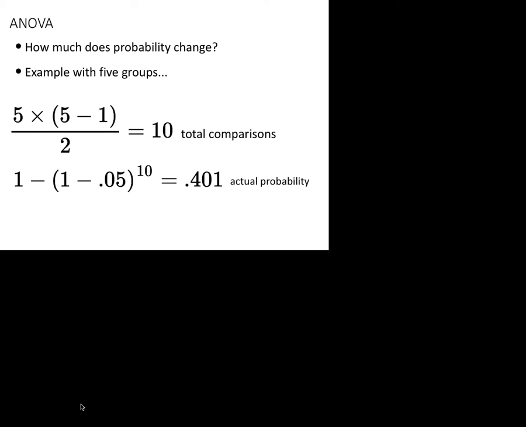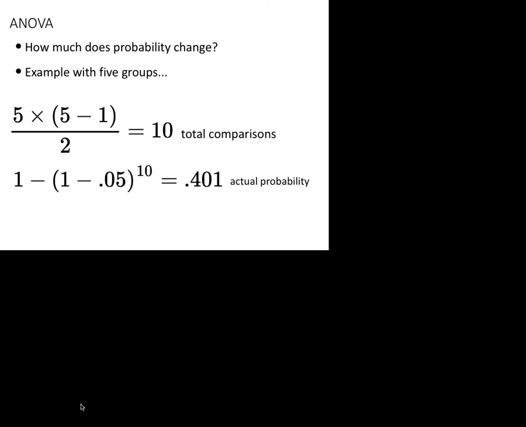So just an example, here we have 5 groups. Of course, 5 times 4 divided by 2 is 10. And so if I did a study where I had 5 groups, I'd have to do 10 different t-tests. And I could report all of those t-tests in a nice fancy table and show which ones of those are less than 0.05.